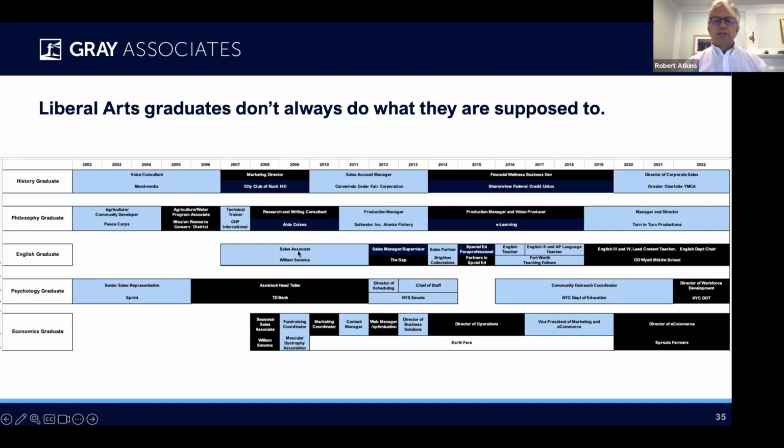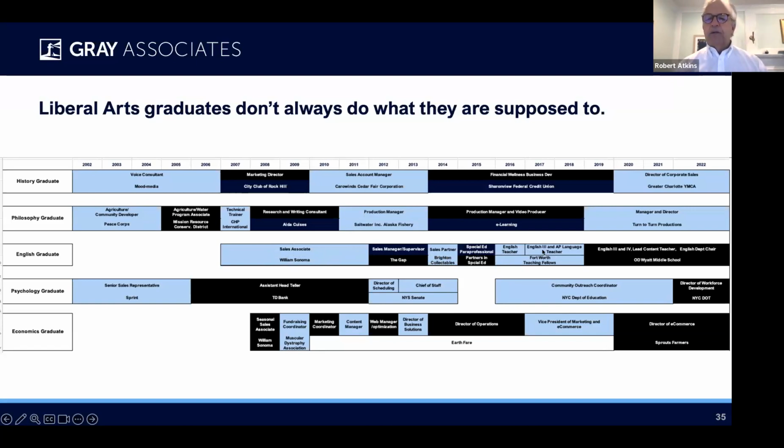Our English graduate seems to have had the most difficulty here and least early return on their degree. Started out in sales and did that for 5 years. That's a long time to be a retail sales associate with a college degree. Then they did get promoted, or moved up, really, sales manager at the Gap, really moved back down, became a sales partner. It sounds a lot like a salesperson to me.